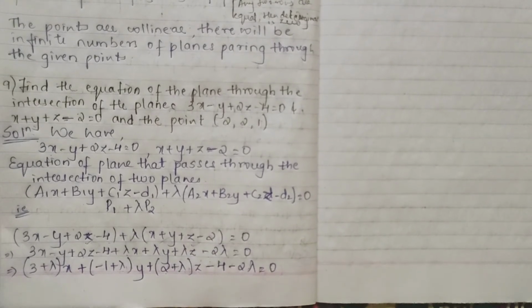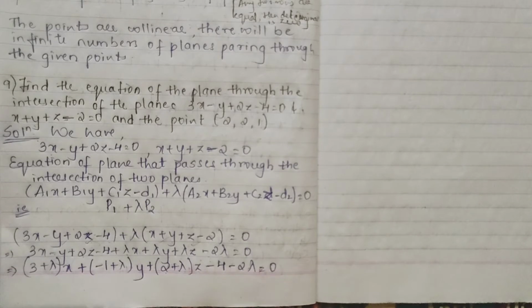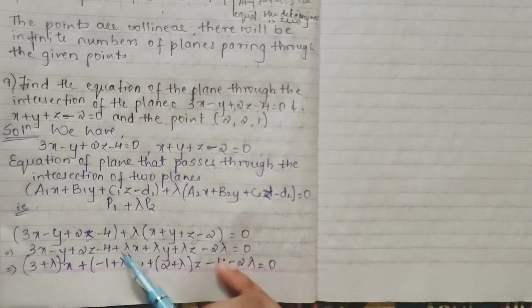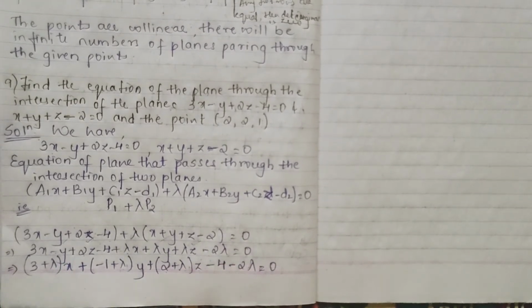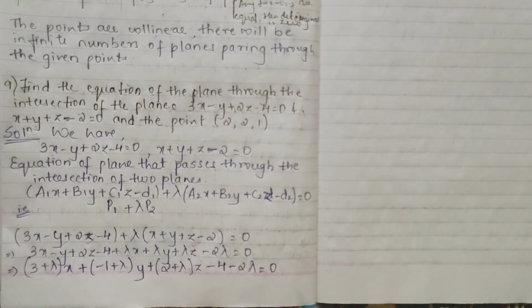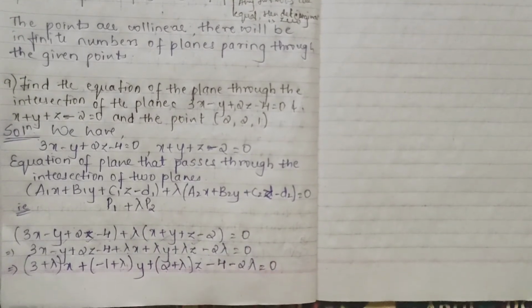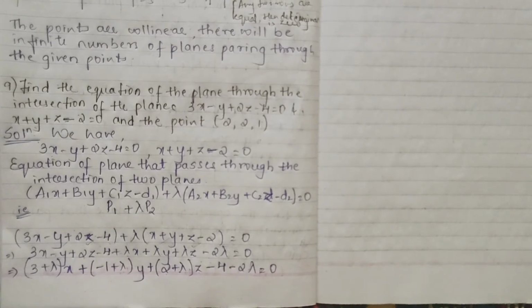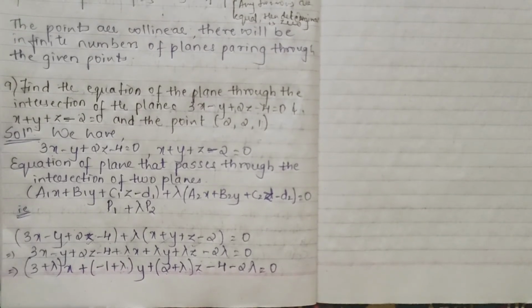Now, to find our equation properly, lambda is there, and we need to find the lambda value, because we have to substitute it everywhere. So how can we do it?